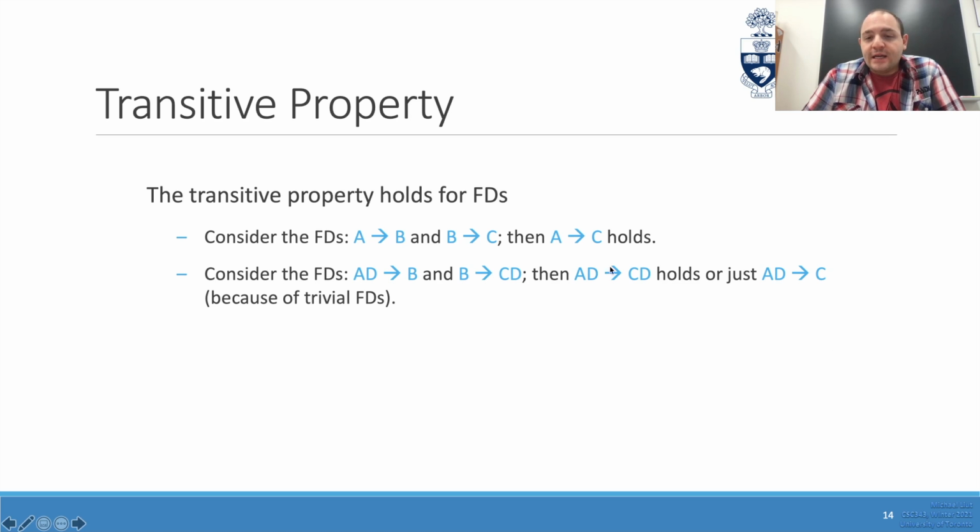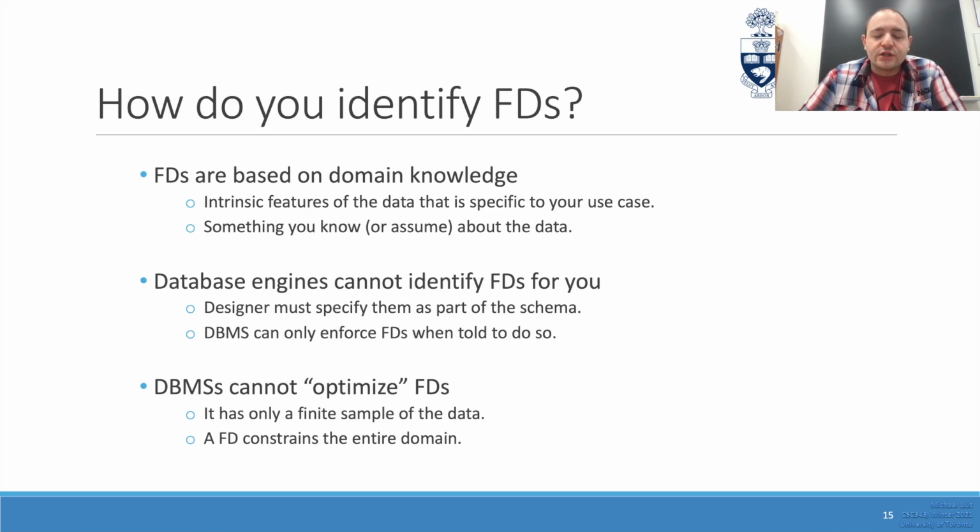Or alternatively, you could just reduce it to AD infers C, as we have D on the left-hand side. There's no reason to explicitly write it on the right-hand side, so that's a reduction based on the trivial functional dependency.